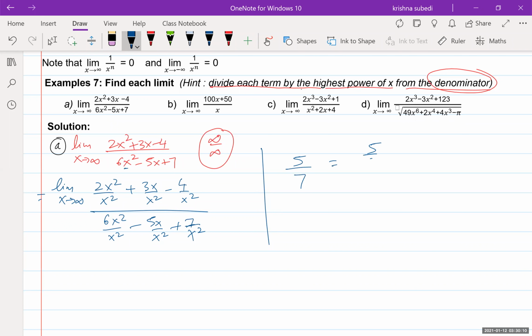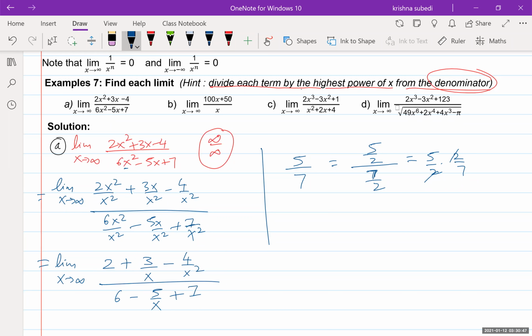Can I divide top and bottom by the same number, say 2? Yes, we can do that, right? So that's what I did. I divided everything on the top by the same quantity and in the denominator by the same quantity. We can do that. Now, if I simplify this, the first part will be 2. The second part will be 3 over x minus 4 over x squared, over 6 minus 5 over x plus 7 over x squared.